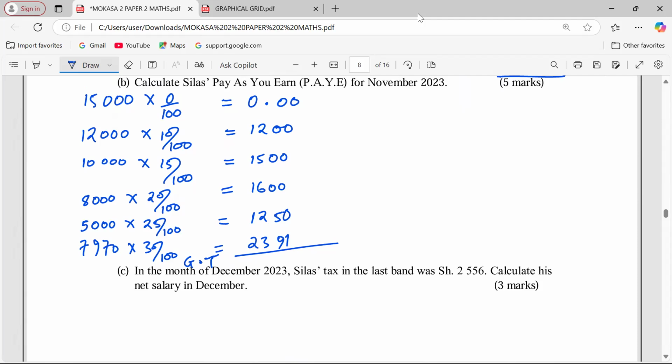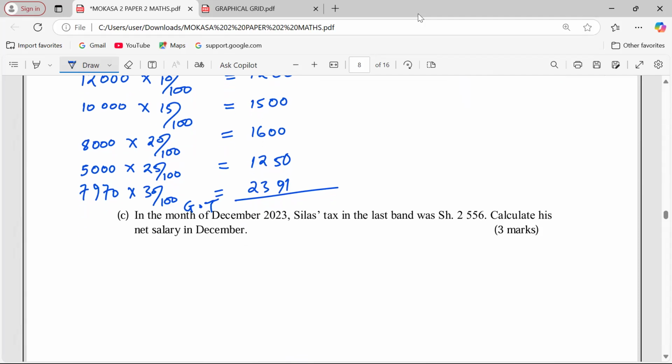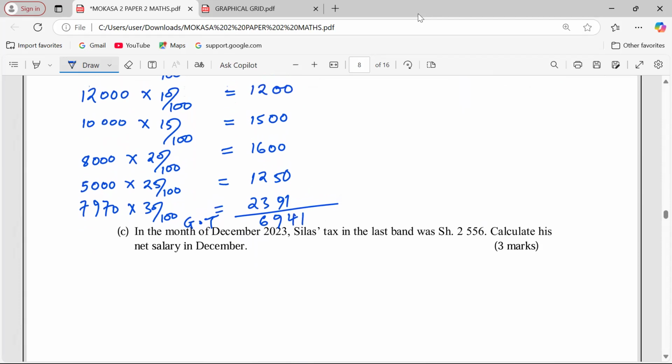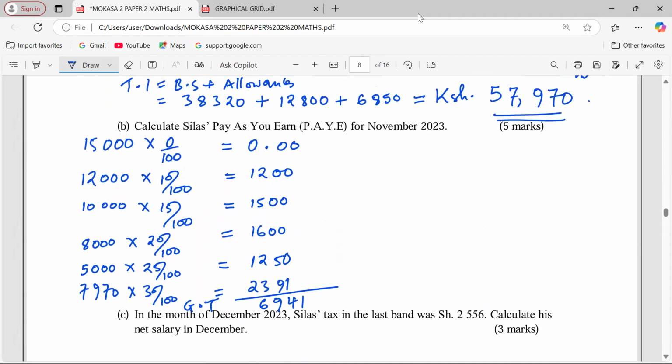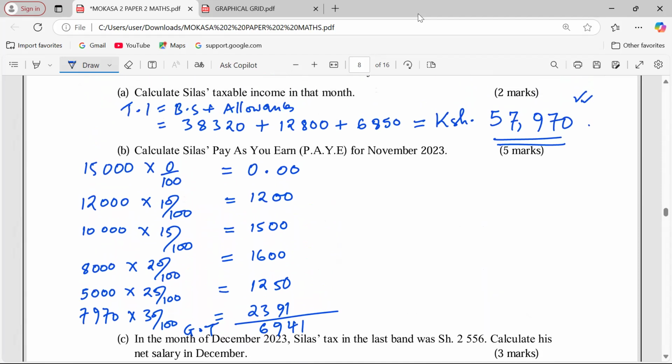This gives us 8,541. So the gross tax is 8,541. Now with gross tax, then we can compute the PAYE.